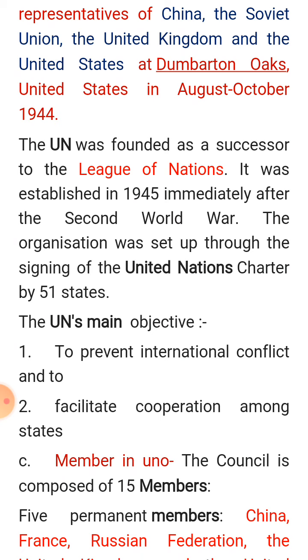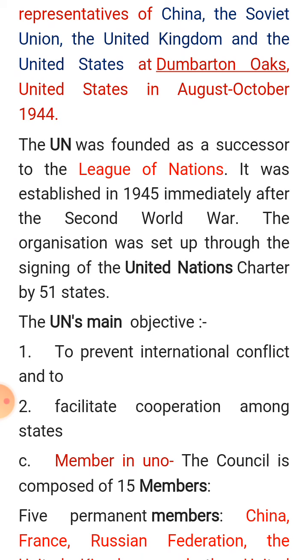The UN was founded as the successor to the League of Nations. After the First World War, 1914 to 1918, the League of Nations was founded in 1920 to solve the problems of war and to make peace in the world, because they had faced the First World War.